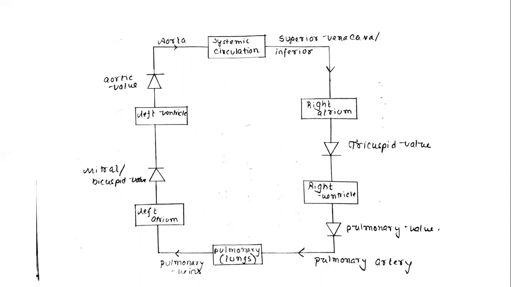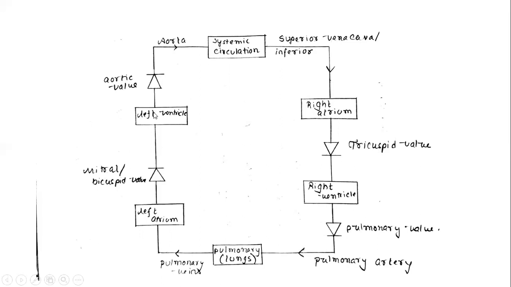In the lungs, the blood gets oxygenated and, flowing through the pulmonary vein, flows into the left atrium. From the left atrium, it passes in a one-way direction through the diode that represents the mitral or bicuspid valve, or the left atrioventricular valve, and passes into the left ventricle.